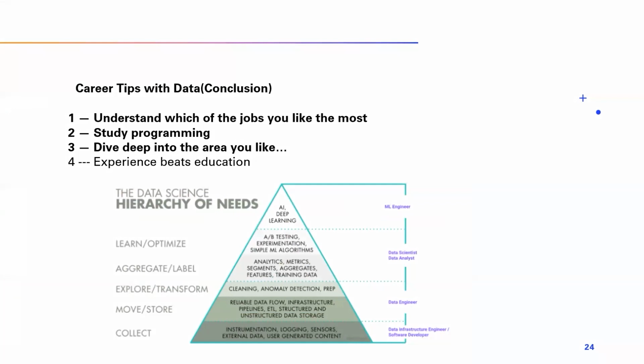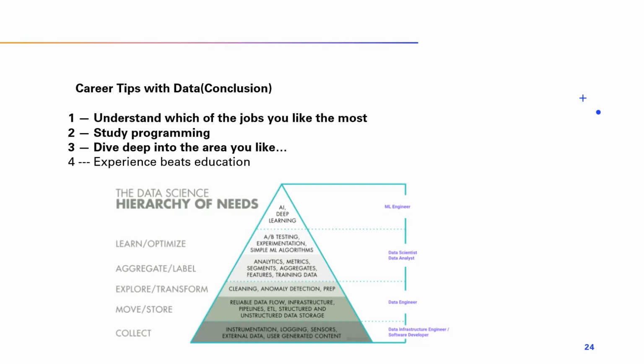So now career tips. Once you decide to move into this field, understand which type of job you want to do. I have shared multiple roles: it could be data science engineer, data scientist, data engineer, then BI engineer.